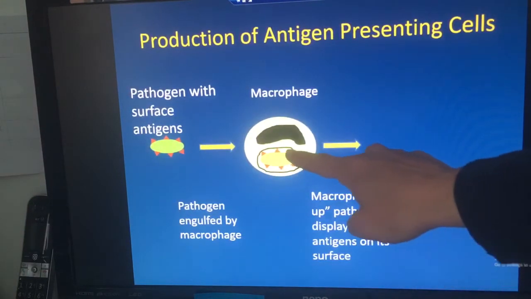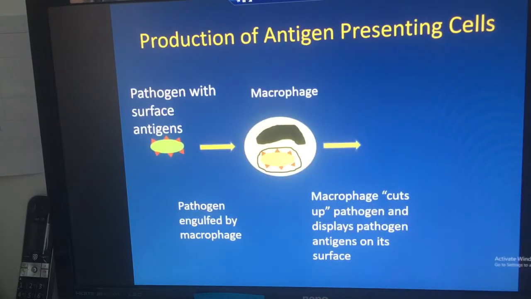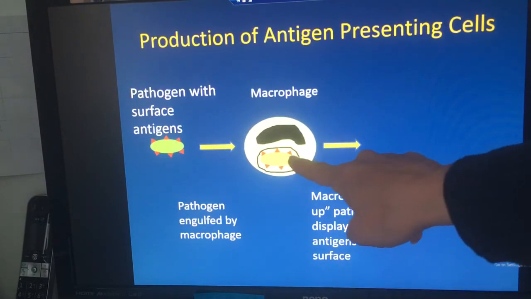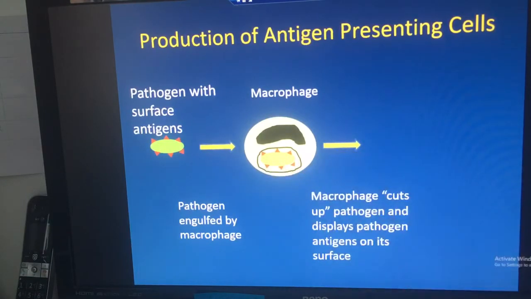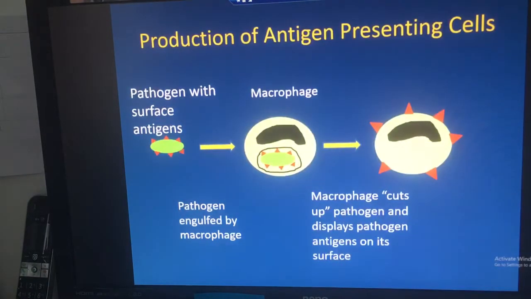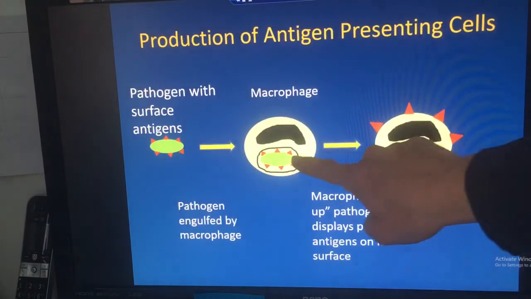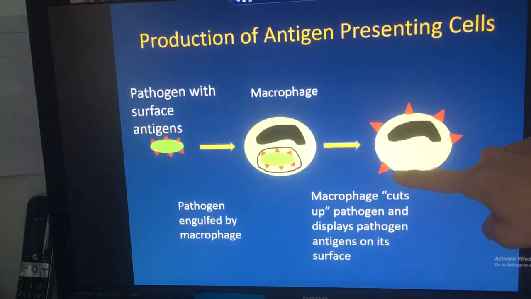So rather than the enclosed bacteria being fully digested, in our macrophages, the macrophage basically only partially digests the bacteria, and it cuts up the pathogen using the hydrolytic enzymes, but it keeps the antigens intact. And these intact antigens are then moved to the surface of the macrophage white blood cell itself, and the macrophage displays those antigens on its surface.